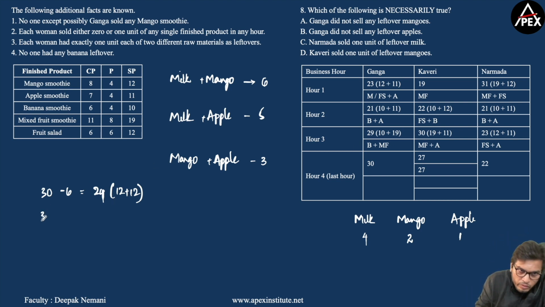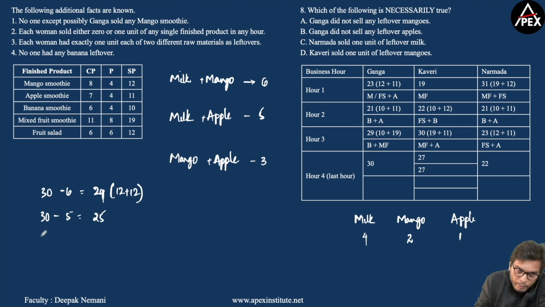Now if I consider that she was left with milk and apple, so 30 minus 5, the balance amount is 25. Can Ganga receive 25 rupees by selling any of these smoothies or fruit salad? No, that's not possible. So I can say that Ganga is not left with milk and apple as leftovers.